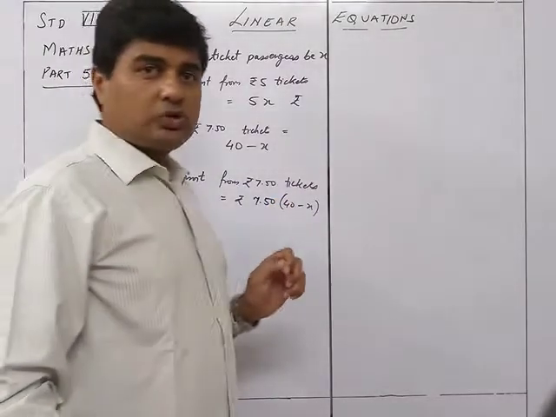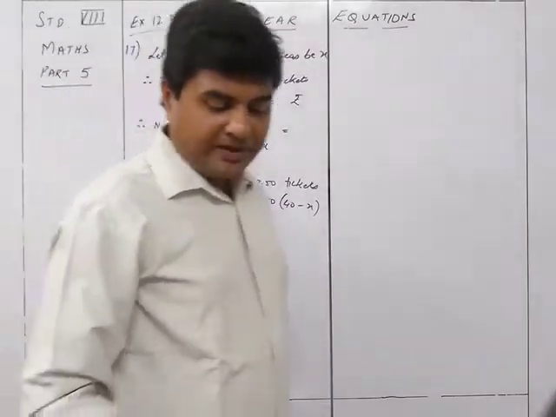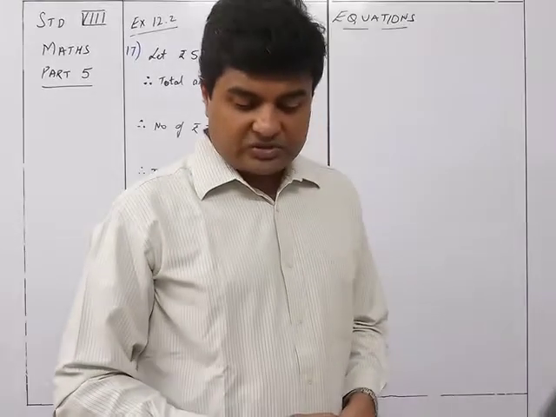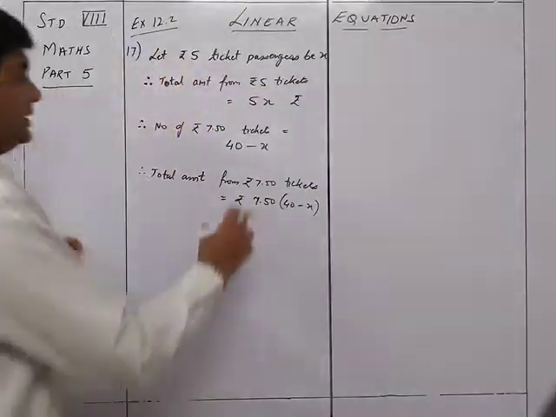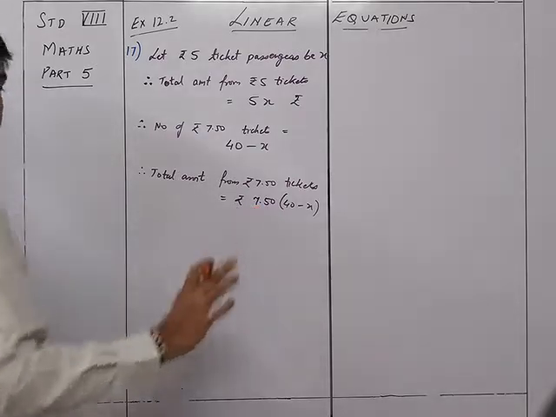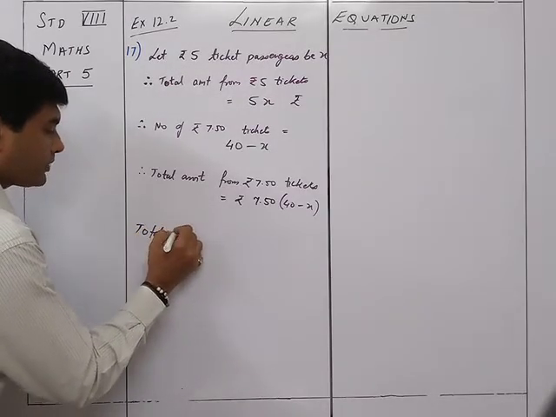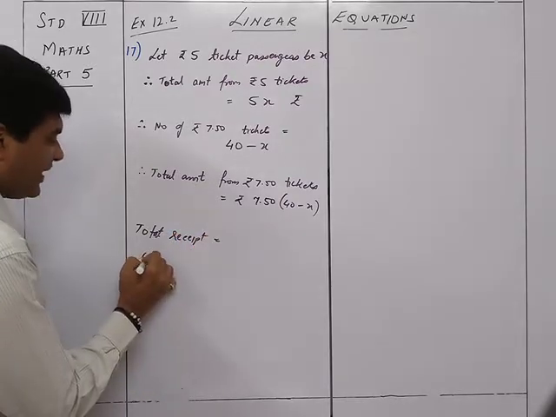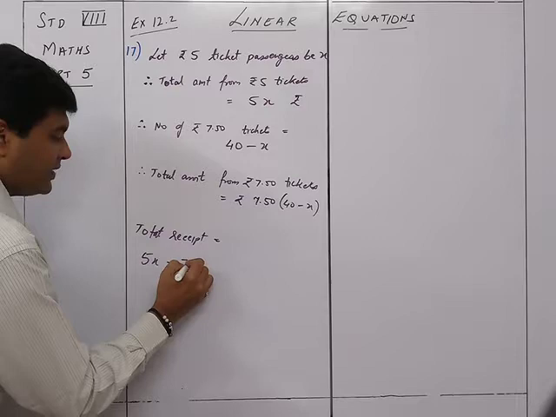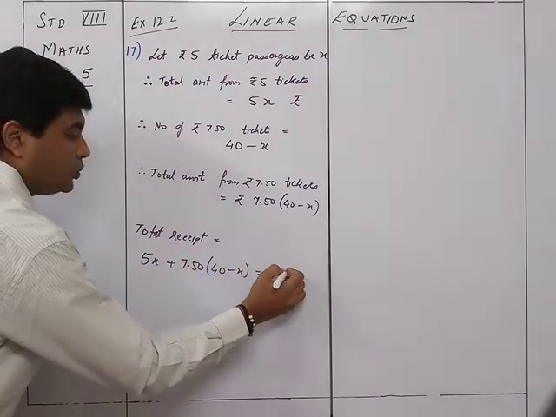Got it? So now it is given that the total amount of money collected by the tickets, the total receipt, is 230. That means this plus this is equals to 230. That means total receipt is equals to 5x plus 7.50 into 40 minus x is equals to 230.